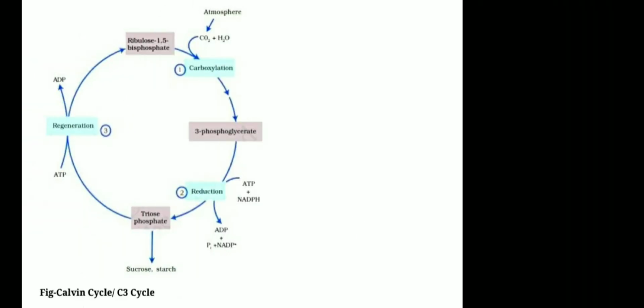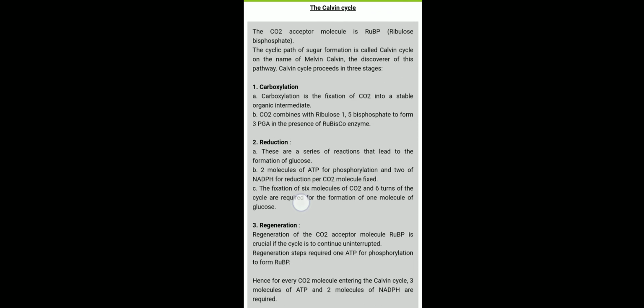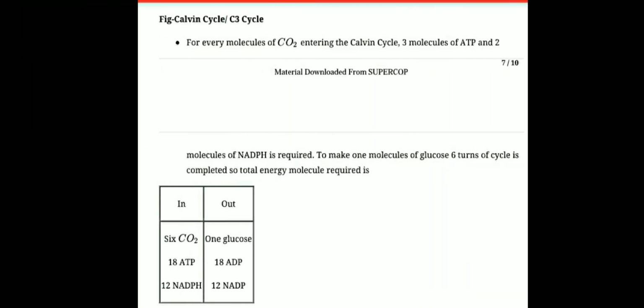So in conclusion, for every molecule of CO2 in the Calvin cycle, 3 molecules of ATP and 2 molecules of NADPH are required. Now there are 6 molecules of CO2, so for 6 molecules, 6 times 3, 18 ATP are required.